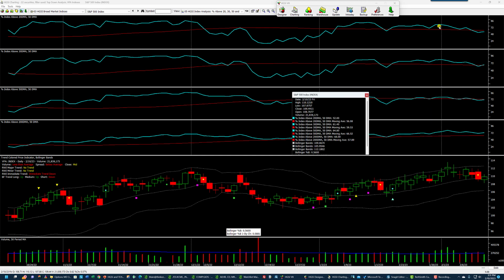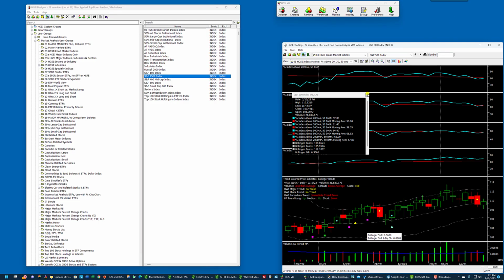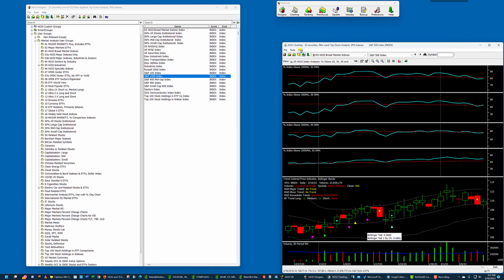So yes, we've had a pullback, and there has been some loss of momentum, but you can see these two turn back up today, and this one has a slight upturn or is flat. I'm not terribly worried about the market yet, but like I said earlier, you never know because nobody can predict that.